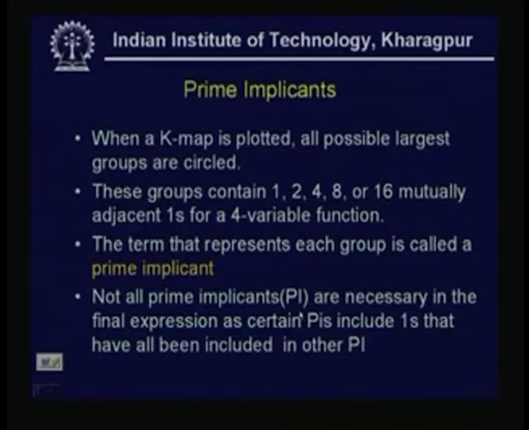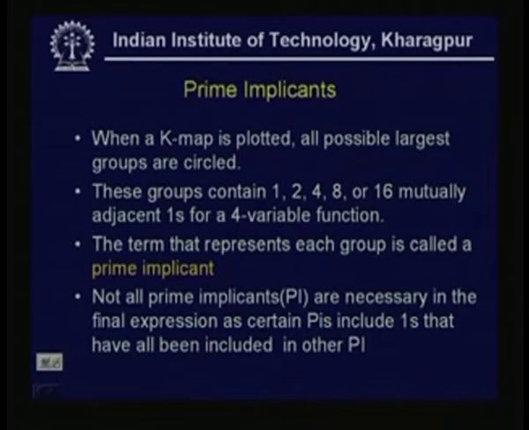Now, we read another thing, that is called the prime implicants. Now, when a K map is plotted, all possible largest groups are circled, that we have already mentioned in the rule. Now, these groups contain 1, 2, 4, 8 or 16 mutually adjacent ones for a 4 variable function. Now, the term that represents each group is called a prime implicant.